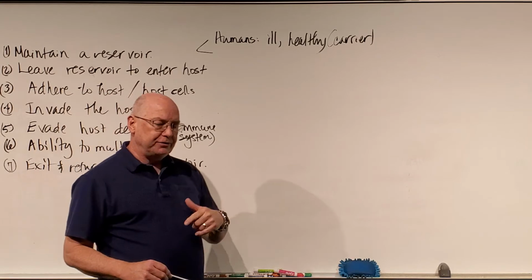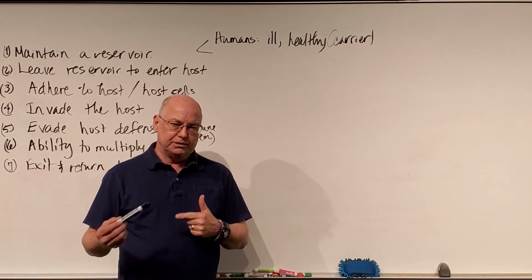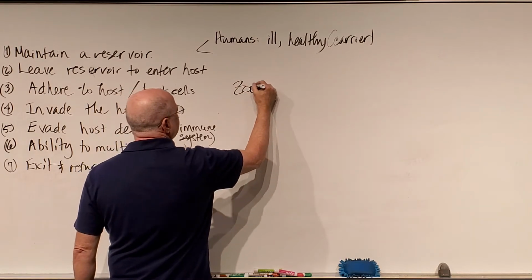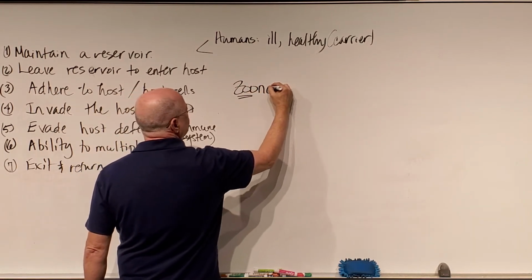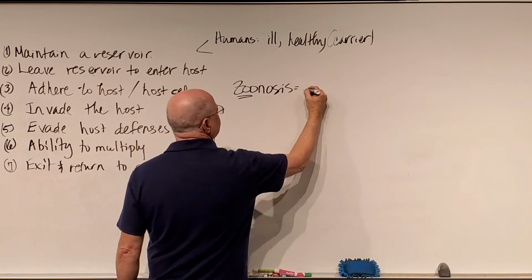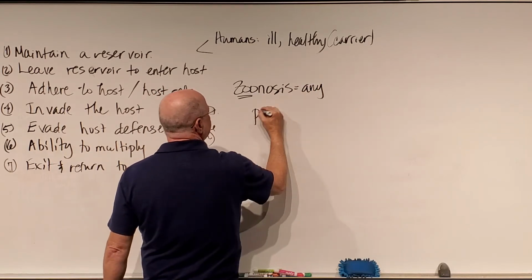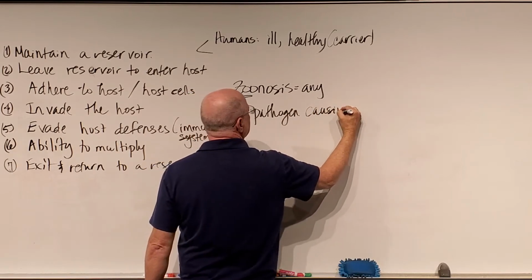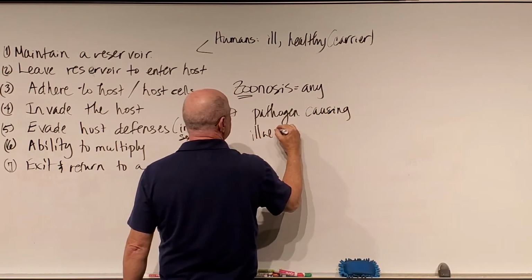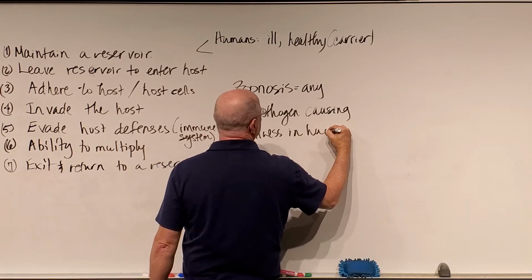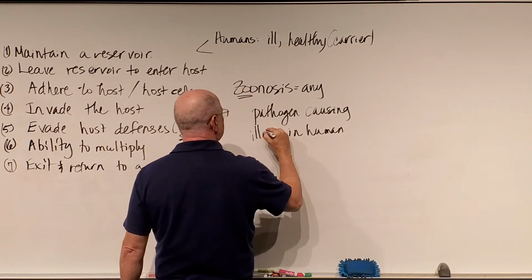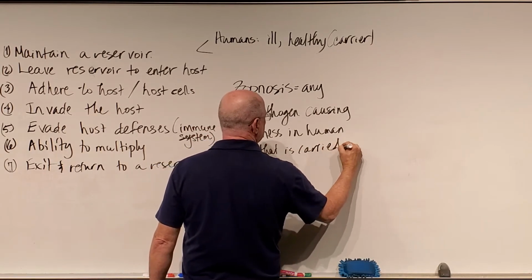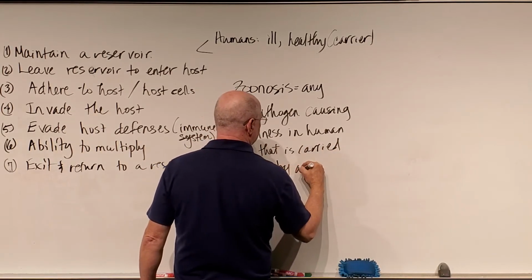Now, if there's a pathogenic disease that humans can contract from an animal, we call that a zoonosis. You can think of a zoo. So a zoonosis is any pathogen causing illness in humans that is carried by an animal reservoir.